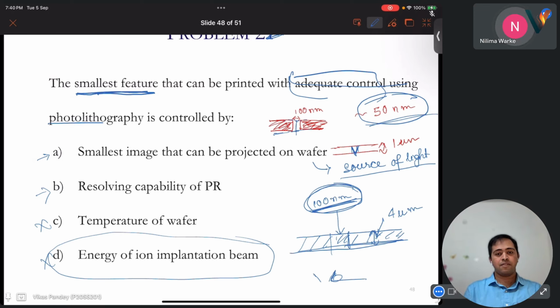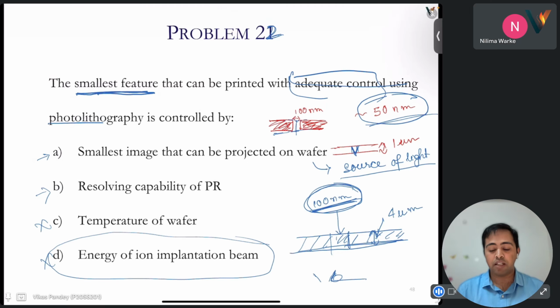Yes, just trying to understand. Yes. It is very much dependent on this, and this is a fact that many people ignore. Sometimes you have a high-end machine, but let's not go to those smaller dimensions.